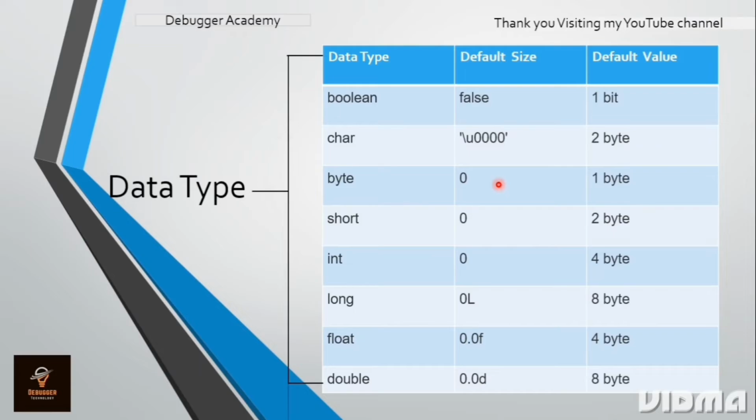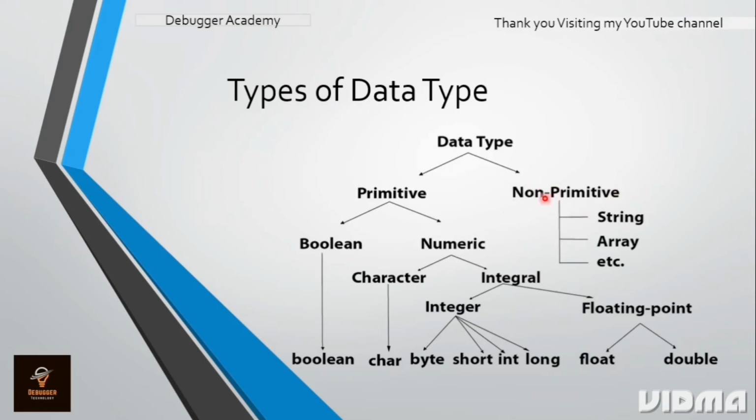So these are the differences between the primitive data type and the non-primitive data type. As far as non-primitive data types are concerned, we have string, array, and so on. Primitive data types are boolean, character, int, short, byte, long, float, and double. Those like string and array are non-primitive data types. The primitive data types hold only single values and have no special capabilities.